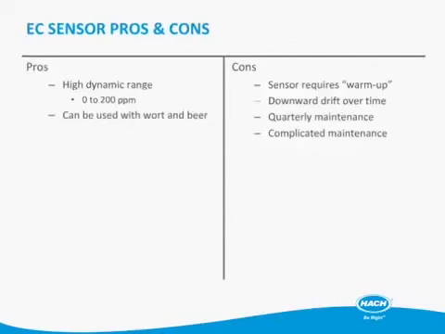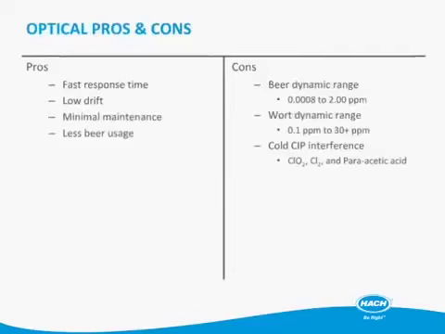The pros of an optical sensor are that they have a great fast response time. Low drift, minimal maintenance. You use less beer because if you forget and walk out to your tank and turn it on and then you walk away, you're not running a lot of beer to the floor. The cons are that you have to have probes that are tuned for different dynamic ranges.